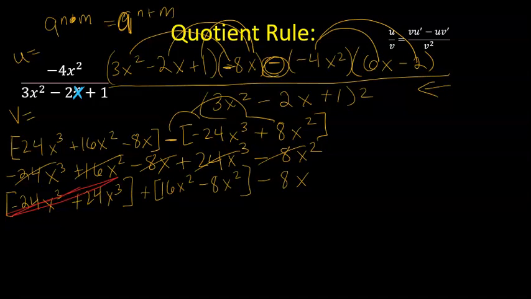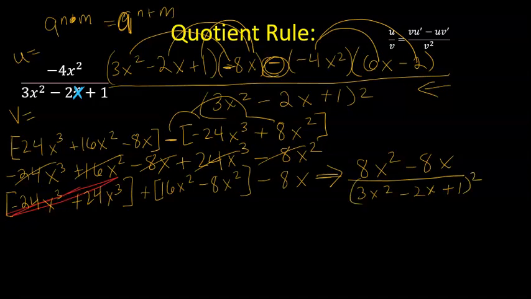So I have 16 minus 8, which gives me 8. So here I have 8x squared minus 8x left, over my denominator that I was leaving out due to room. 2x plus 1, right?